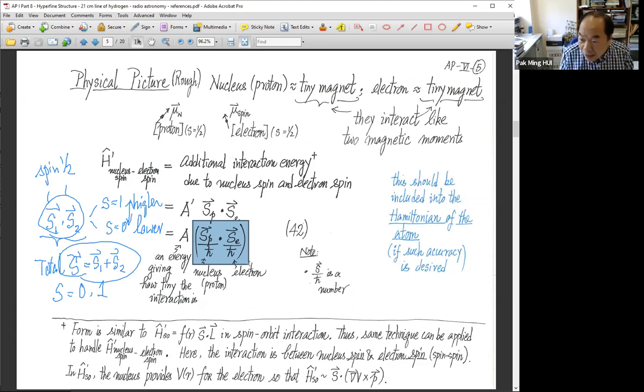The frequency is 1,420 megahertz. Changed to wavelength, it is about 21 centimeters. For those who are fans of astronomy, you may have heard of this 21 centimeter line of the hydrogen atom, and that is how astronomy has been surveying the sky, looking at interstellar neutral hydrogen atoms through this particular transition.